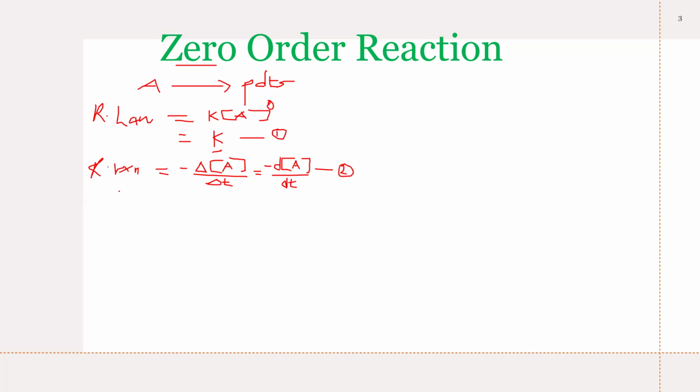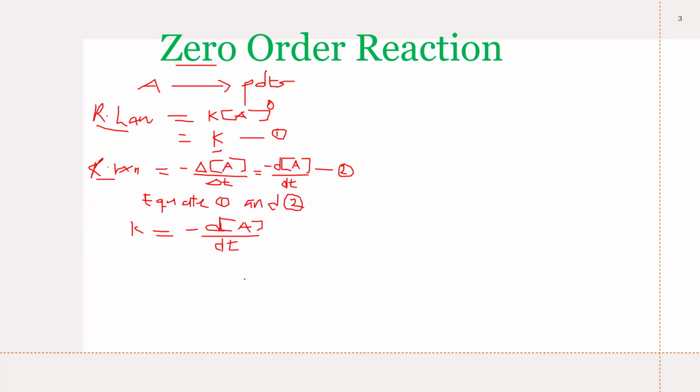Now, if we assume that the rate law and the rate of reaction are the same, then we can equate equation 1 to equation 2. So we have k equals negative d of the concentration of A with respect to dt.